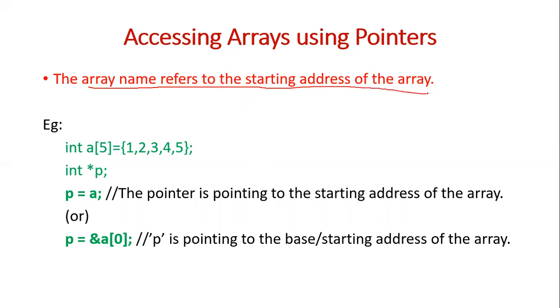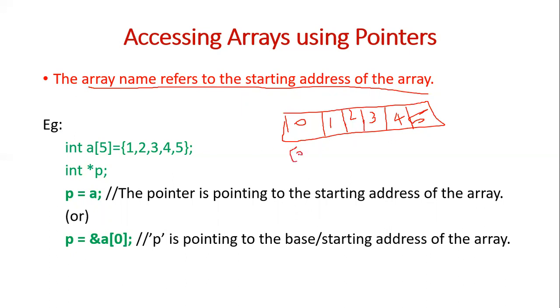Okay, so whenever you create an array, say this is A of 5, this array contains these elements, 1, 2, 3, 4 and 5. So you know that this is A of 0, and it goes on up to A of 4, right? The array name is A.